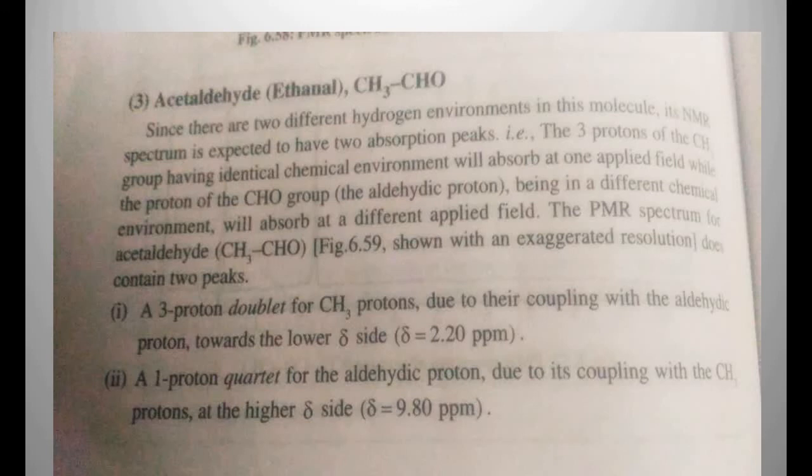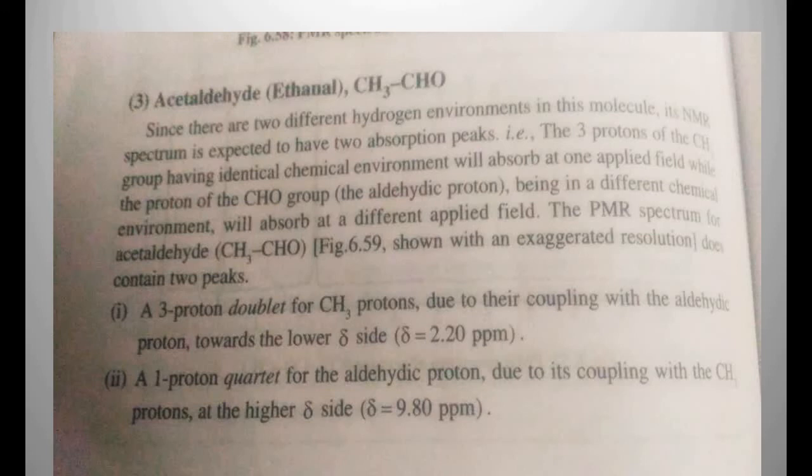So the PMR signal consists of a 3 proton doublet for CH3 due to its coupling with the aldehyde proton, at a lower delta value, 2.20, on the left side, and a 1 proton quartet for the CHO proton. The aldehyde proton, due to its coupling with the CH3 protons, produces a quartet at a higher chemical shift, 9.80 ppm.